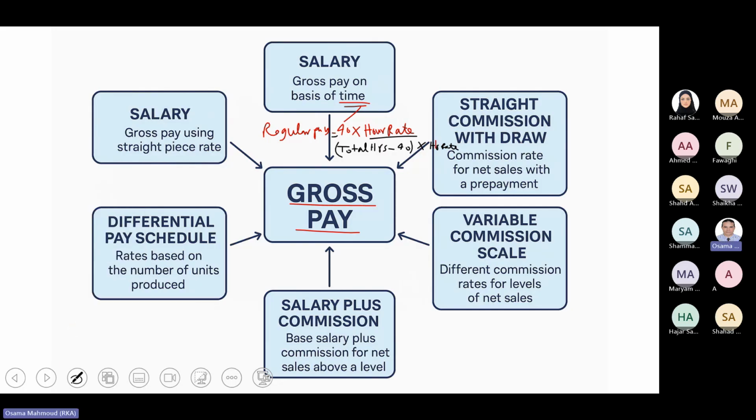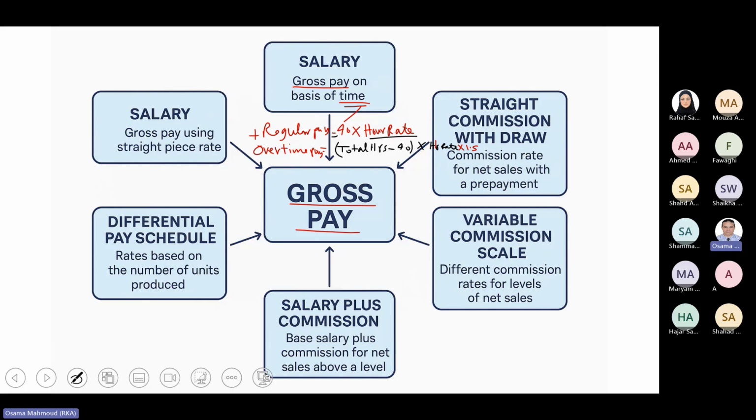In the overtime, the hour rate is multiplied by 1.5. It will be mentioned in the question as well, right? I call it overtime pay. If he's asking for the gross pay, the gross pay will be the sum of these two, or the total, right?